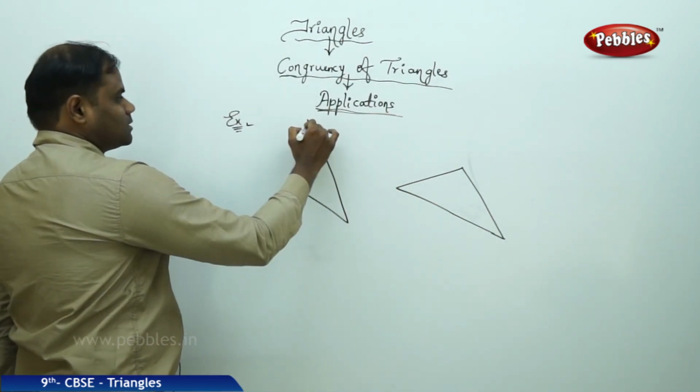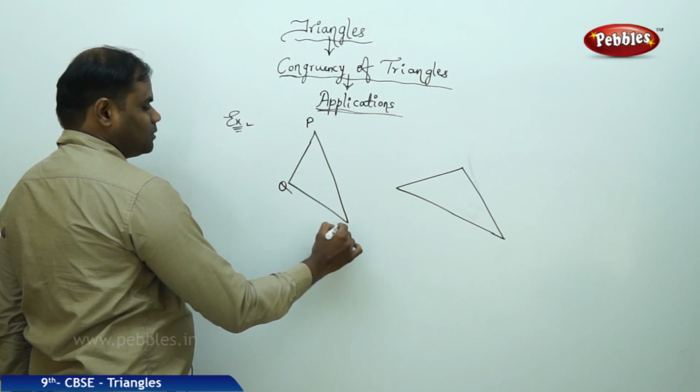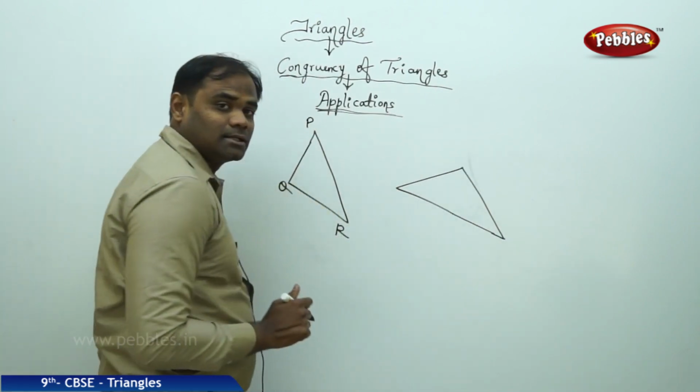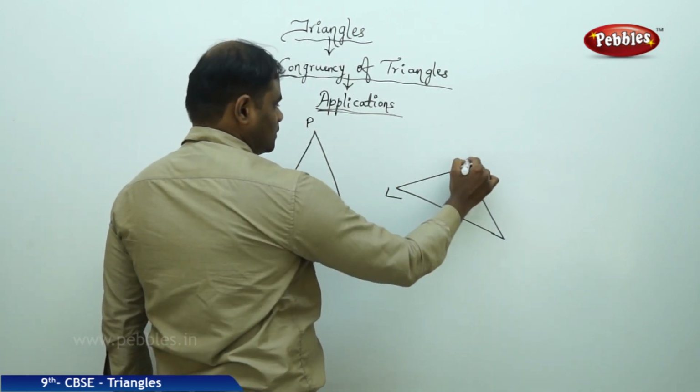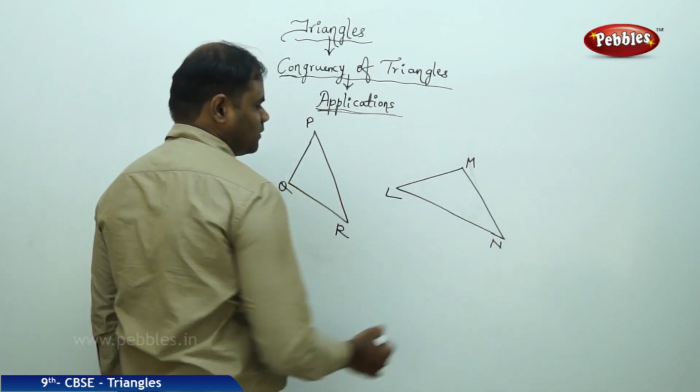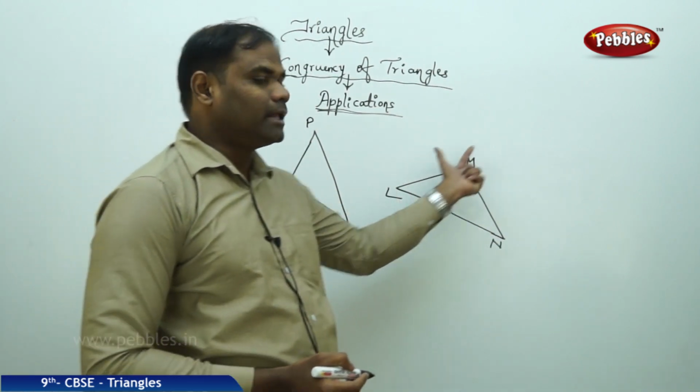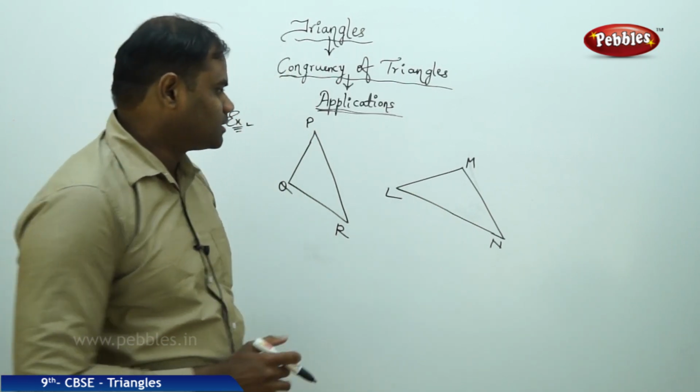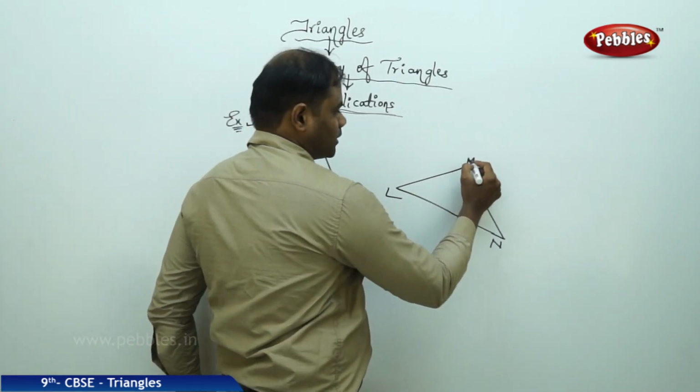I have two triangles here which are PQR and LMN, which I need to identify whether they are congruent or not.